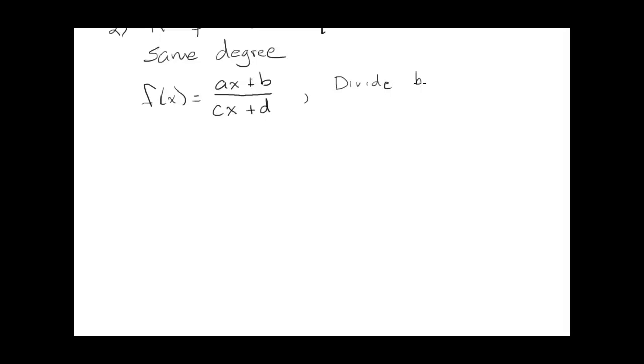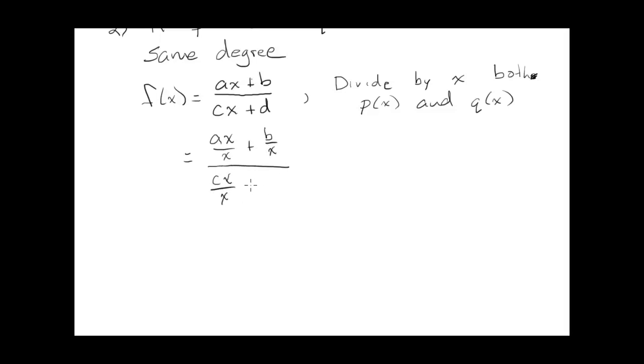So we'll divide both p at x and q at x by x. So I would have ax over x plus b over x, cx over x plus d over x.